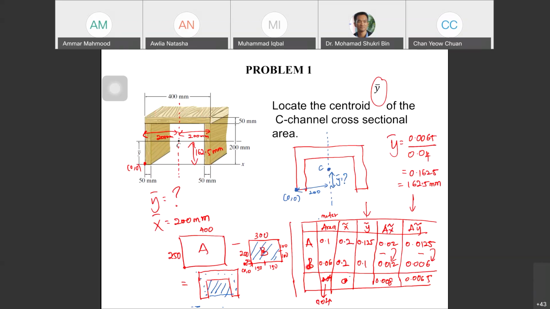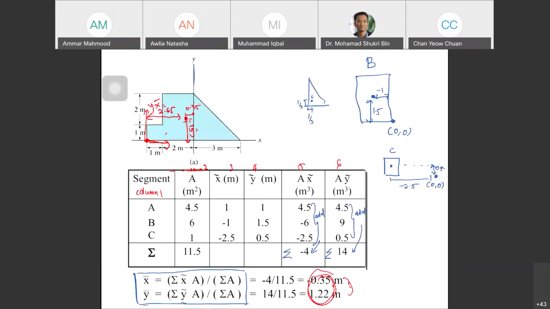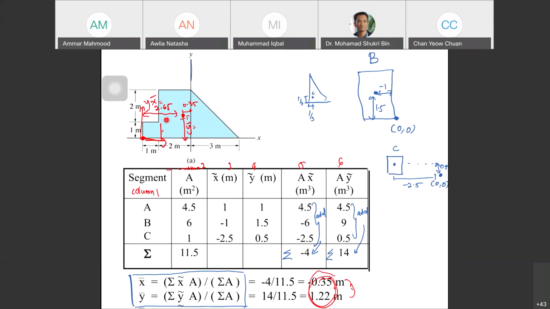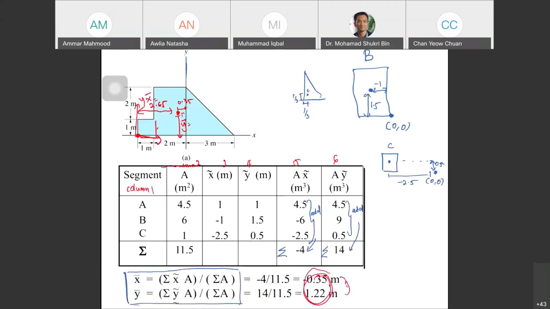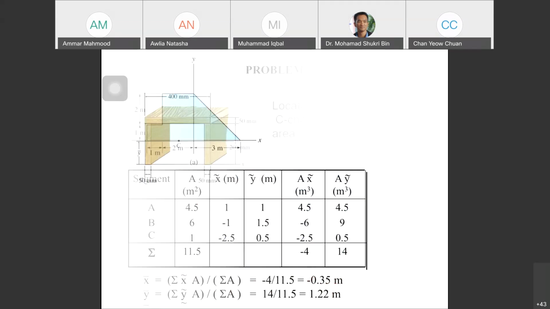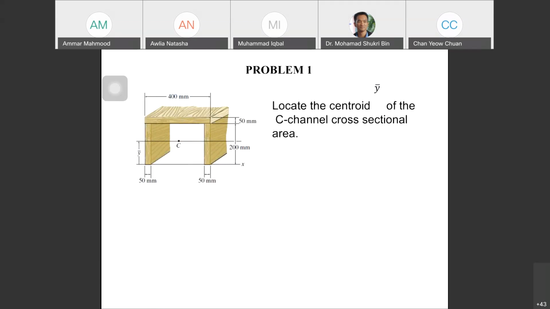If we use the previous example, we need to add together, because the small part here we add with the bigger triangle, and we add the bigger rectangle and the rectangle parts. So all adding there. For this one, we have decided to subtract.